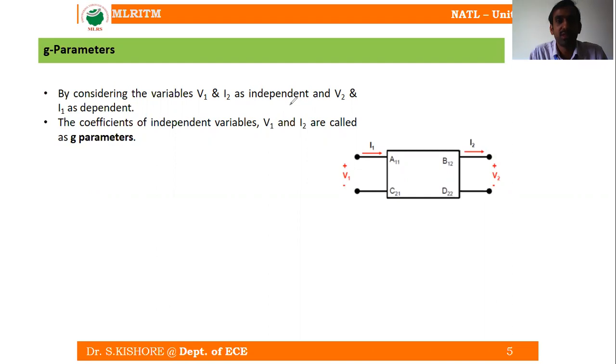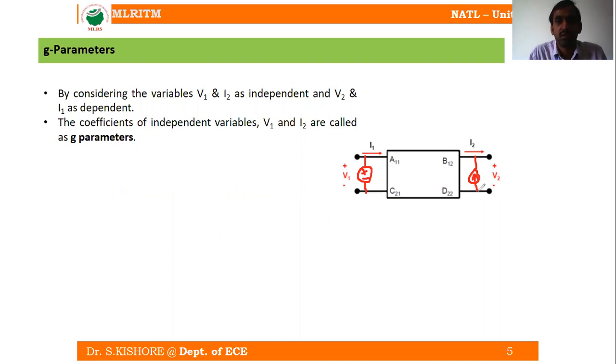In this two-port network, on the input side you are going to connect a voltage source, and on the output side you are going to connect a current source. That is the meaning of the independent variables.